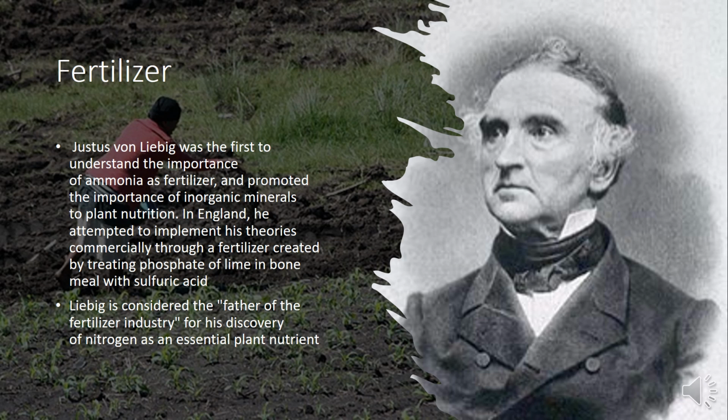But na a better way of producing farm produce or ang tawag tawag na niya sa pagpatubo og mga crops nga dili nga ni kadugay magulat og organic nga minerals for plant nutrition. So he attempted to implement his theories commercially, kini si Justice von Liebig, through a fertilizer created by treating phosphate of lime in bone meal with sulfuric acid.